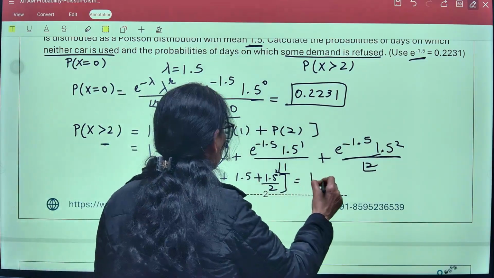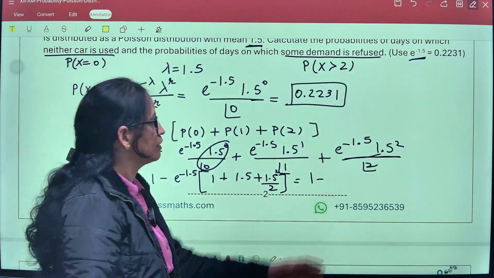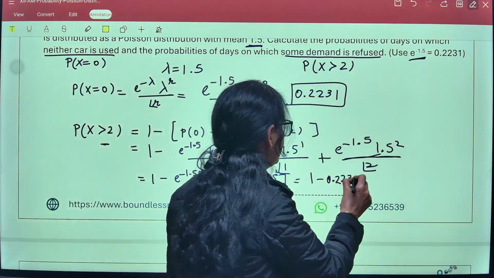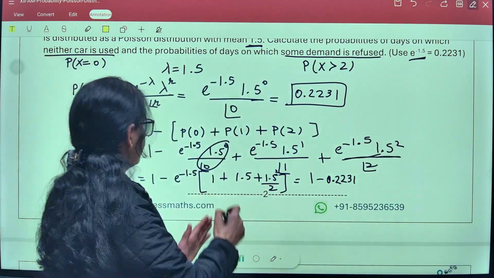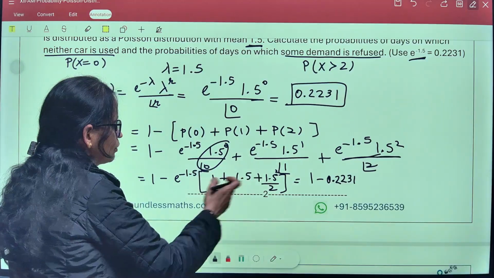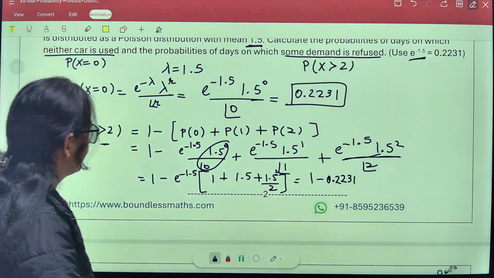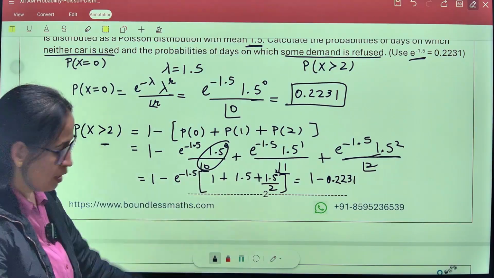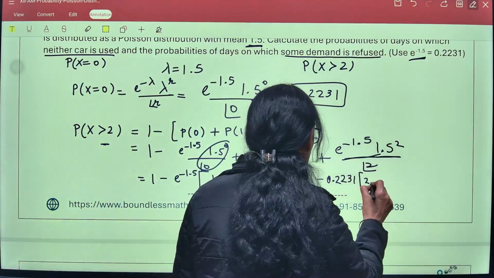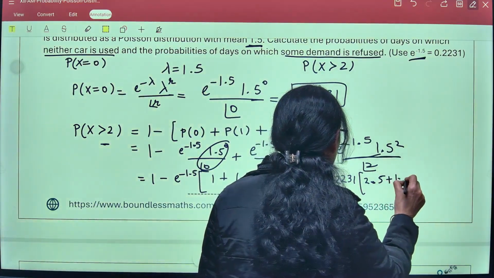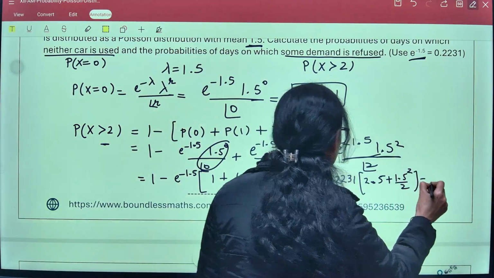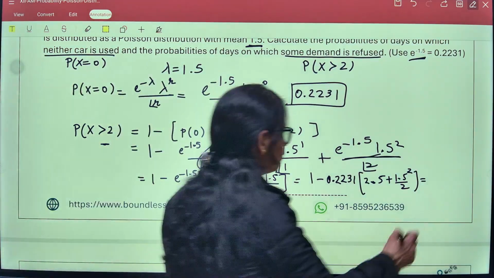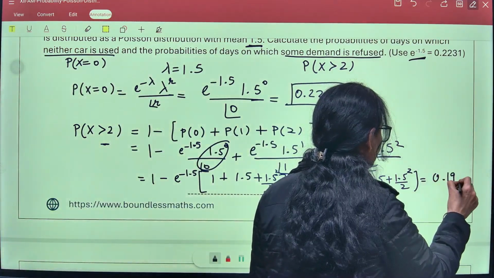So let's solve it further. 1 minus value of e raised to power minus 1.5, which is 0.2231, and in the bracket you have 1 plus 1.5, which is 2.5, plus 1.5 square upon 2. And on doing all these calculations, the final answer comes out to be 0.1913.